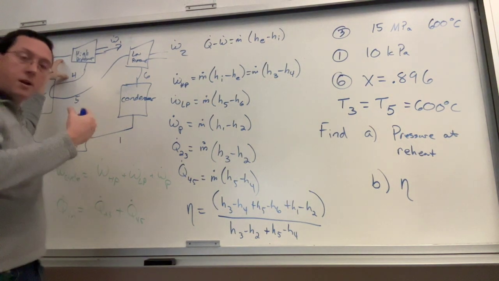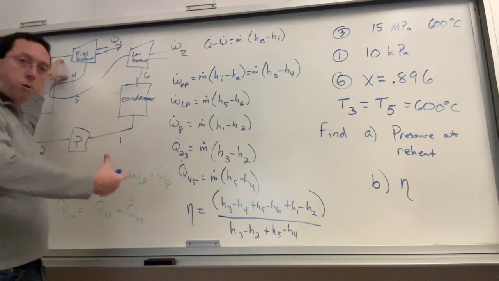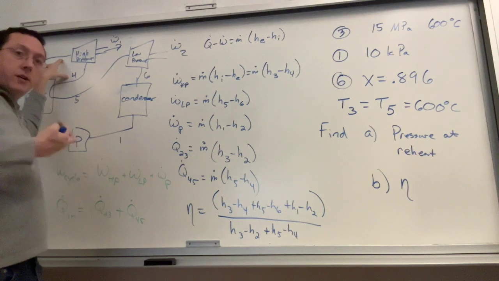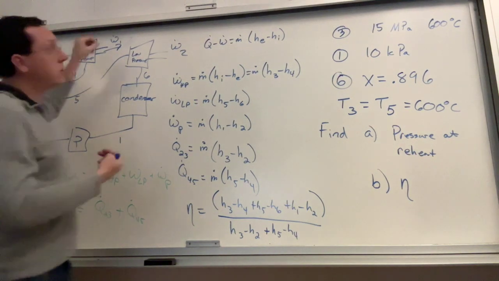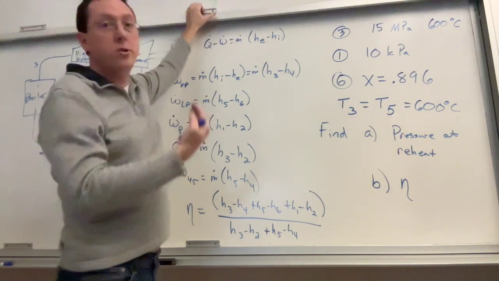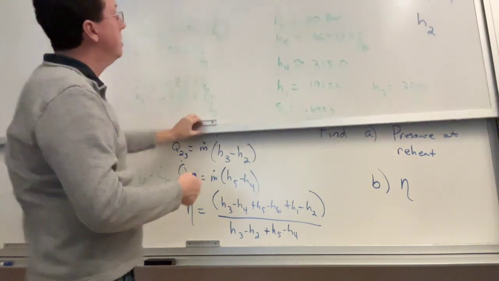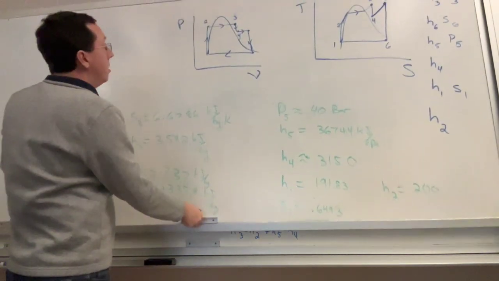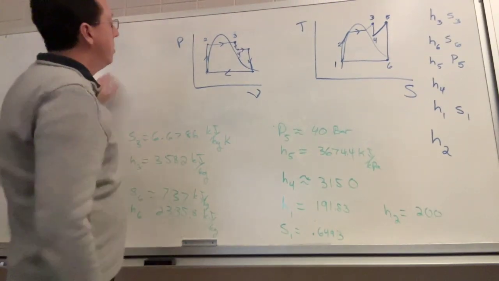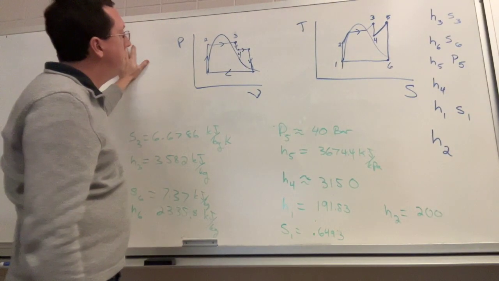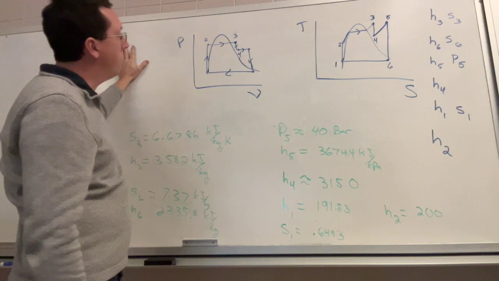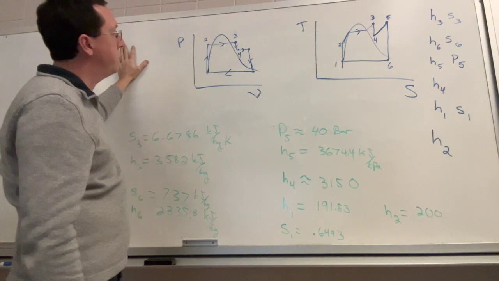So you're pulling work out, so you're drawing energy out. That's going to cause the temperature and pressure to drop. So from 3 to 4, the temperature and pressure should drop.